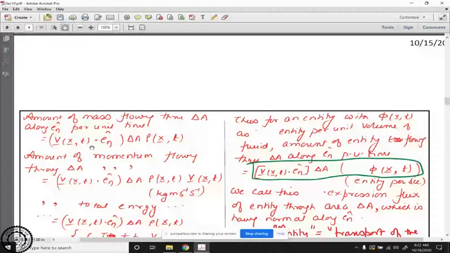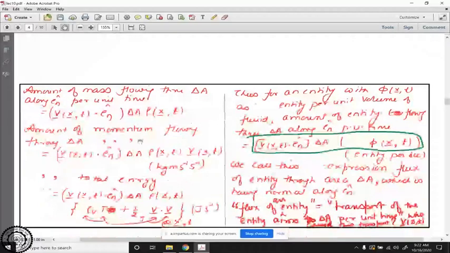Now, if I ask the question, what is the amount of momentum that is flowing through A? The first three factors will remain the same, and then you multiply that with Vxt. That will be the amount of momentum flowing through delta A per unit time.